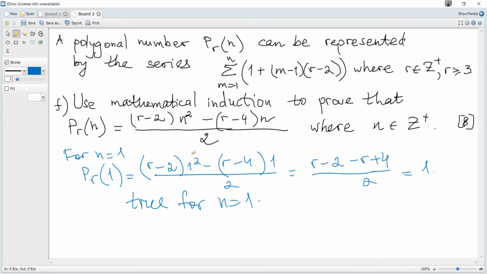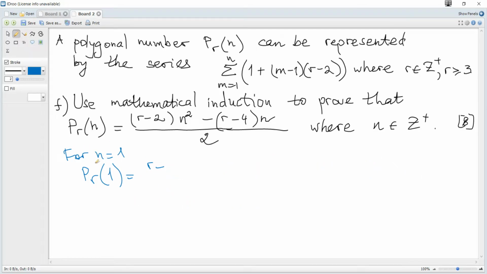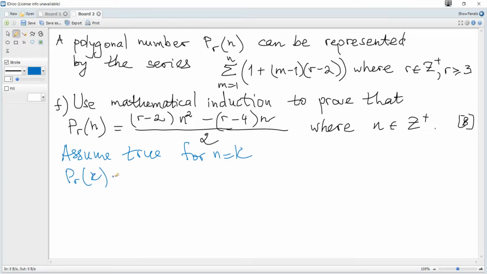The next step is, as usual, we write: assume true for n equals k. Assume true for n equals k, and we rewrite the given proposition, substituting k for n. So it becomes Pr of k is ((r minus 2) k squared minus (r minus 4) k) over 2.